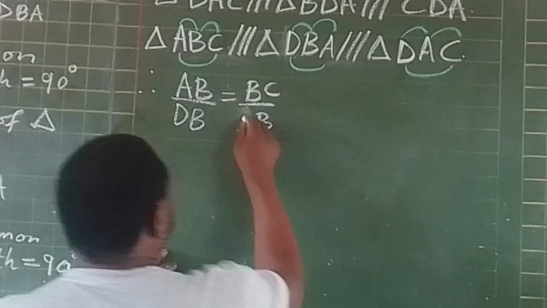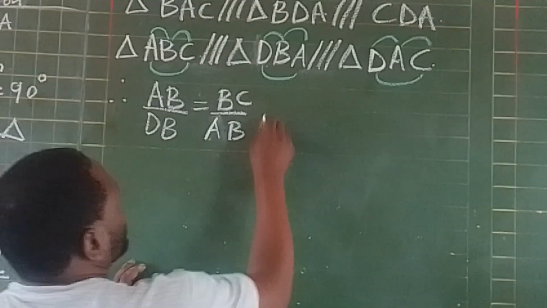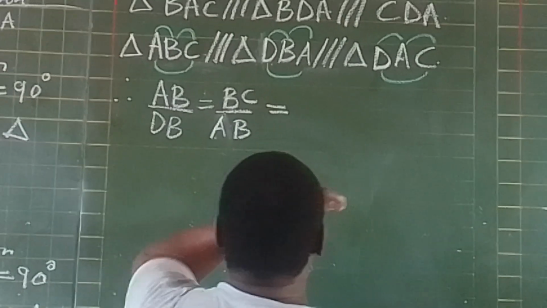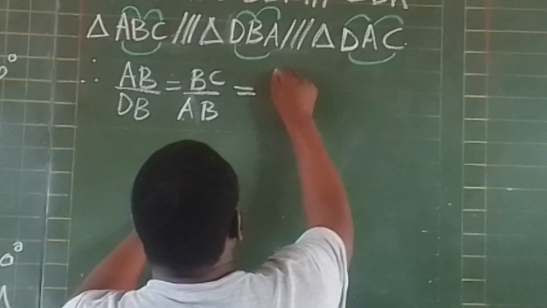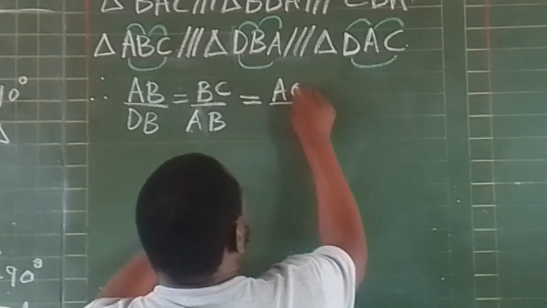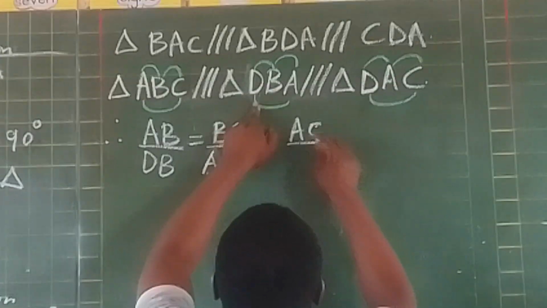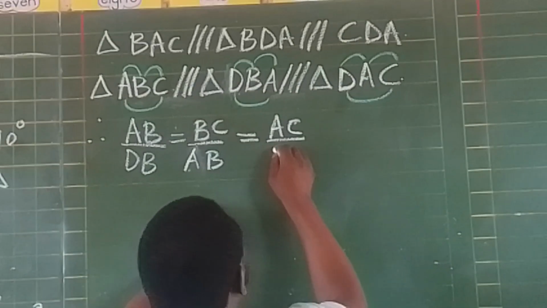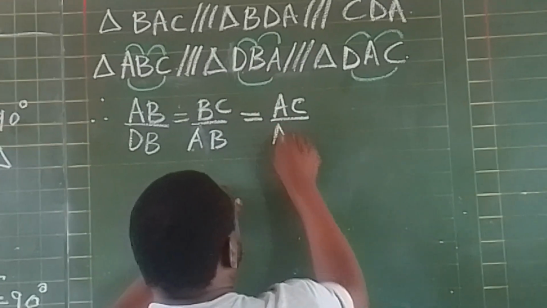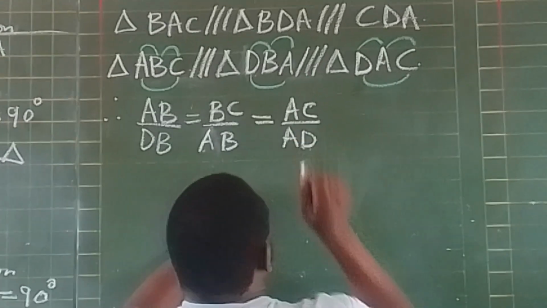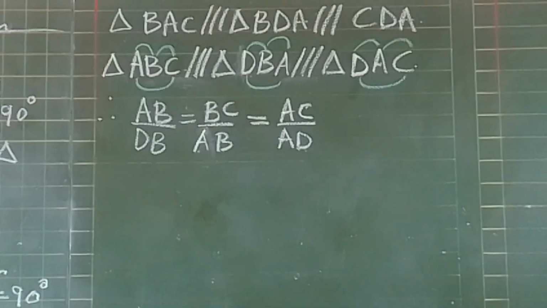A is equals to AC over DA. This is the first set that we are taking.